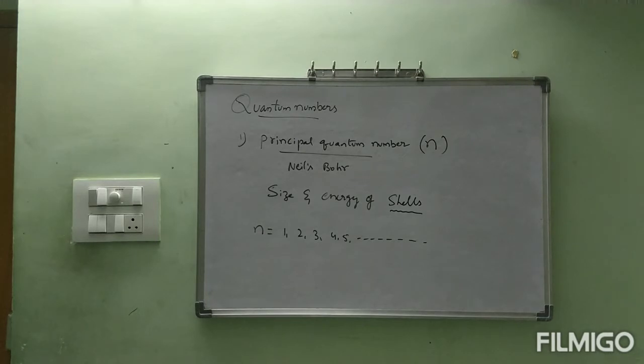If an electron is present in the first shell, it carries n value 1. In the second shell, n value 2. In the third shell, n value 3. In the fourth shell, n value 4. This is the simple one. The difficult part starts from the next quantum number onwards.